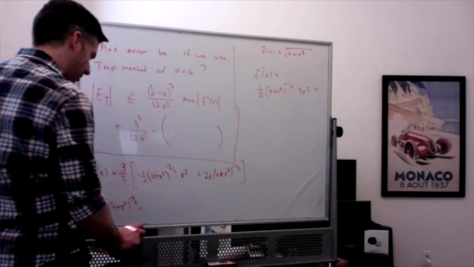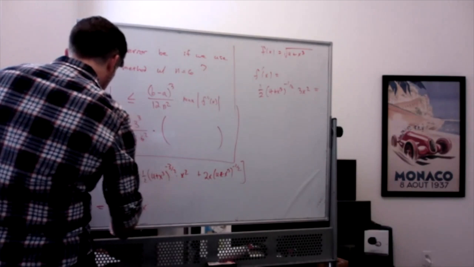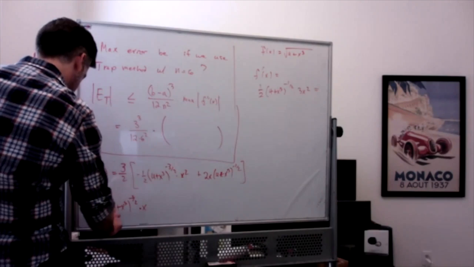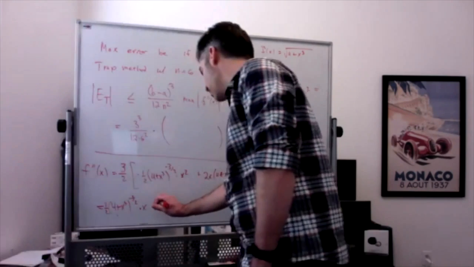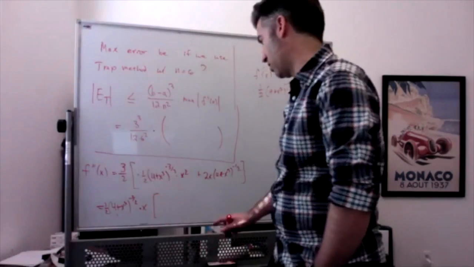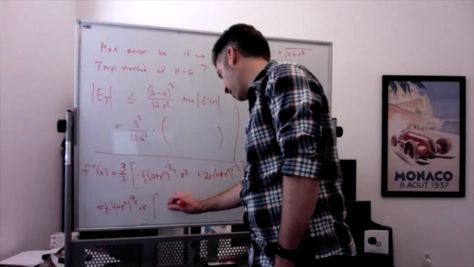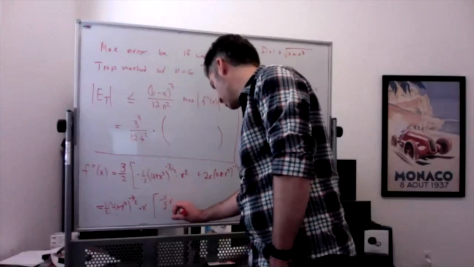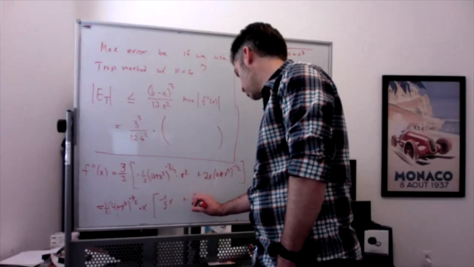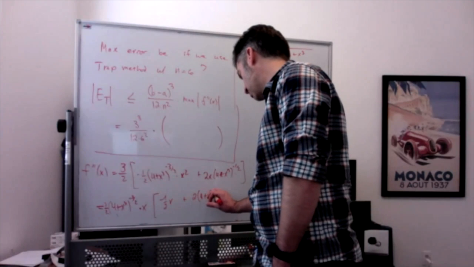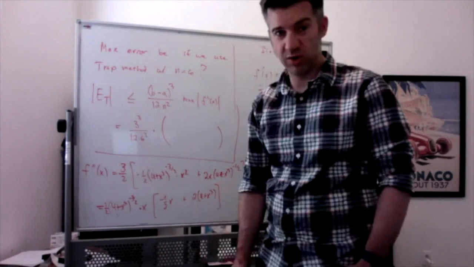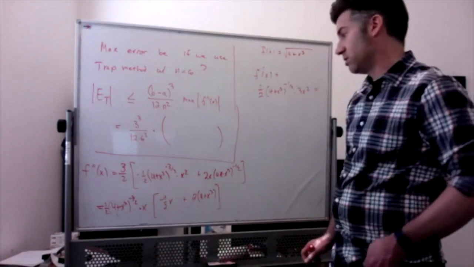And I also have this 3/2 out in front. And then left with inside here a negative 1/2 x plus a 2 times 4 plus x cubed. Okay.